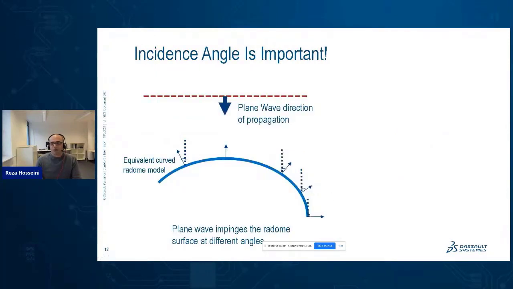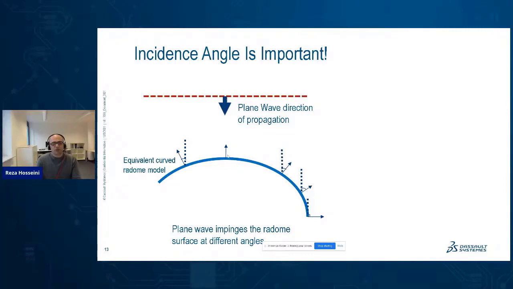Let me comment more on why incident angle is important. Imagine that this represents our finite size curved structure, and the plane wave is coming from, let's say, upward down.